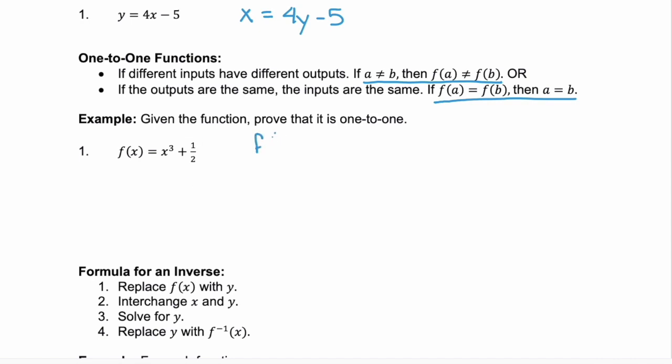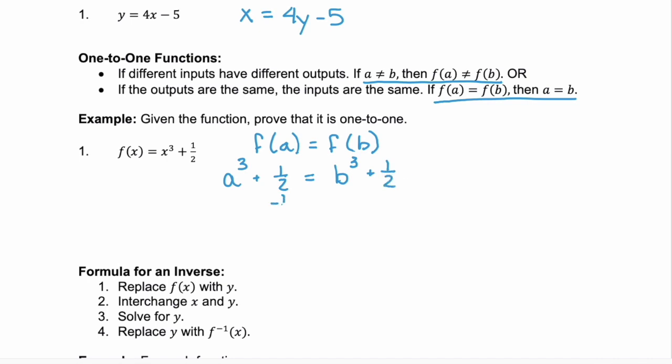So we're going to use f of a equals f of b. And remember what that means, function evaluated at a. So we substitute a in for our x's. So on the left side is a cubed plus 1/2 equals, on the right side, we need to substitute in the b, which is b cubed plus 1/2.